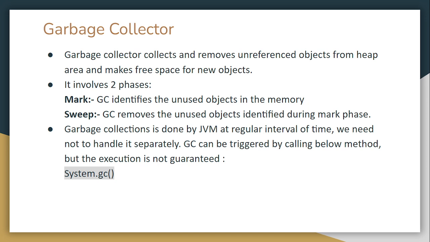Garbage collection is done by JVM at regular intervals of time. We need not worry about garbage collection, but we can trigger it by calling system.gc method, but the execution is not guaranteed.